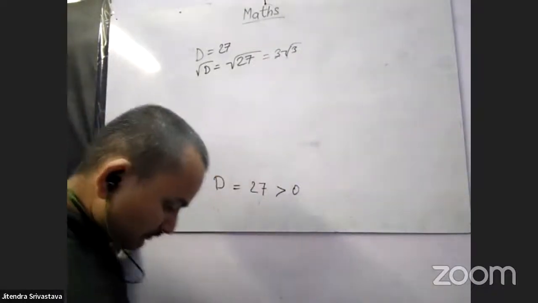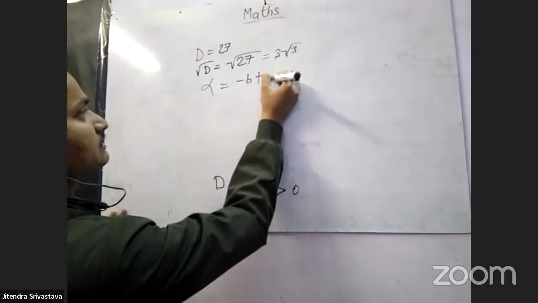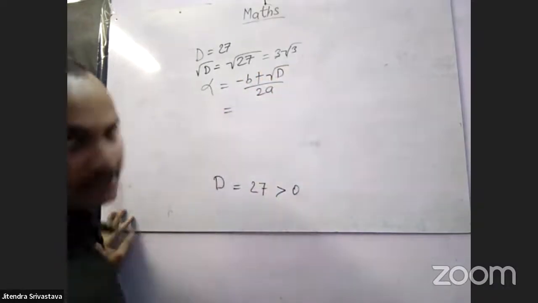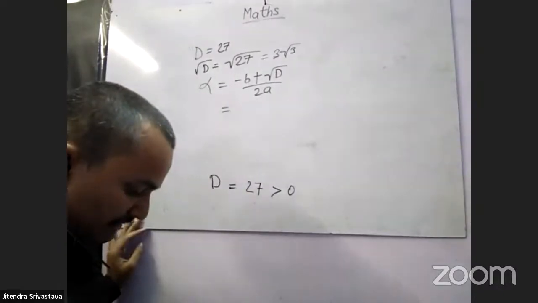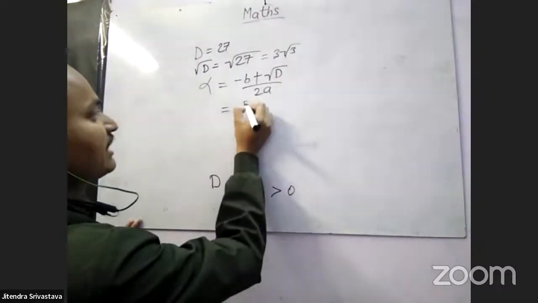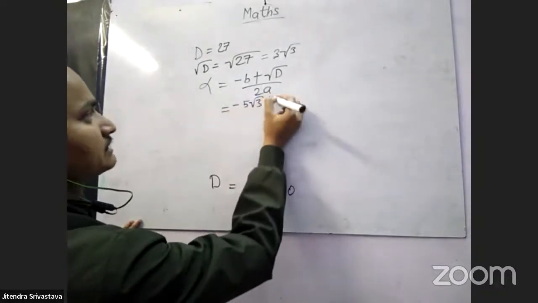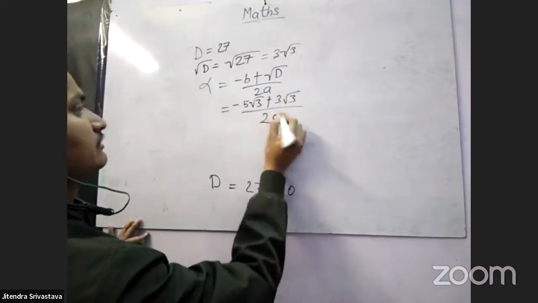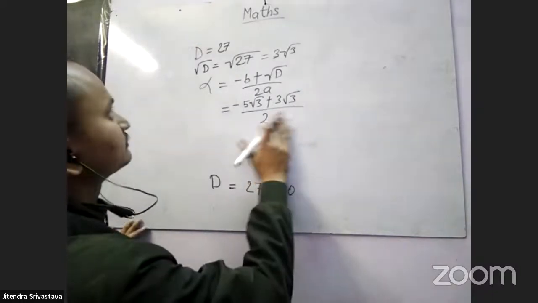Now alpha will be minus b plus under root D upon 2a. So now we have to put the value of b and a. What were the values of b and a? Value of b was 5 under root 3, so minus 5 under root 3 plus 3 root 3 upon 2a, and a was 2 only.